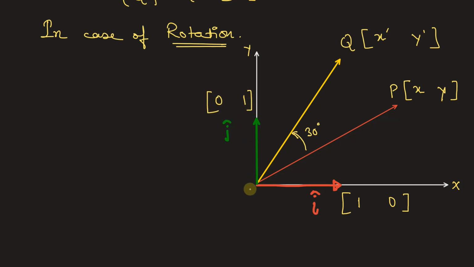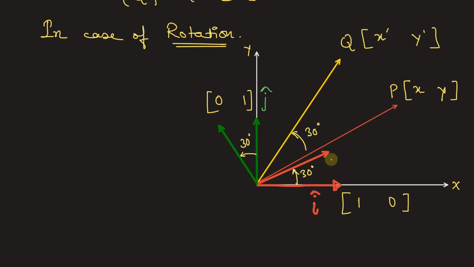Now I have already mentioned that if we are rotating this vector by 30 degrees, we can rotate i hat and j hat by 30 degrees as well, and the new positions of i hat and j hat will give us the transformation matrix. This is the new unit vector, or the unit vector of the new coordinate system that is rotated by 30 degrees. So i is rotated by 30 degrees and j is also rotated by 30 degrees.